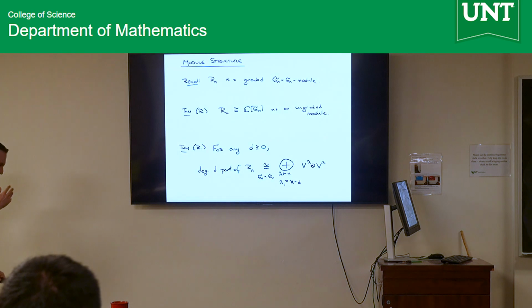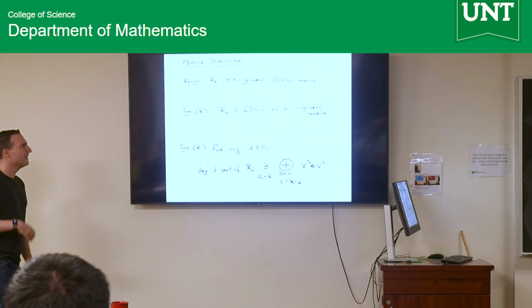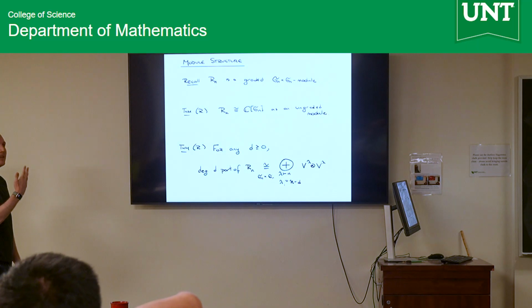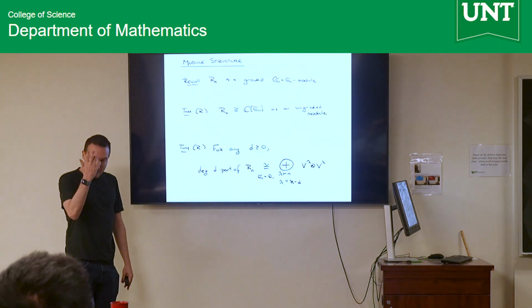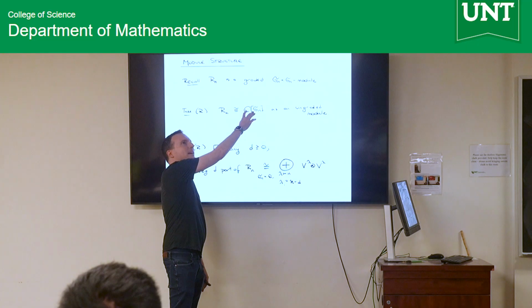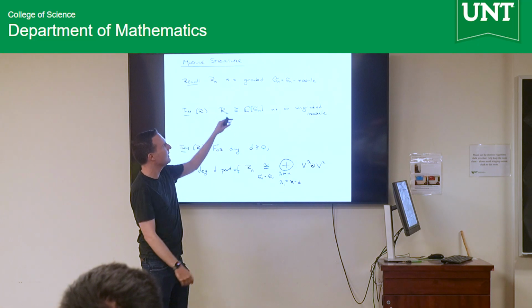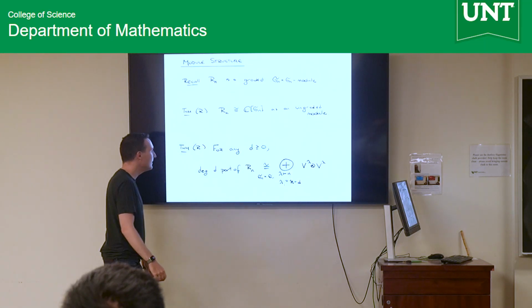And just to briefly talk about module structure, this ring is a graded Sn cross Sn module, as I said. If you're interested in the structure as an ungraded module, it is in fact, as a vector space, just C[Sn] with the natural left and right actions of Sn coming from left and right multiplication.